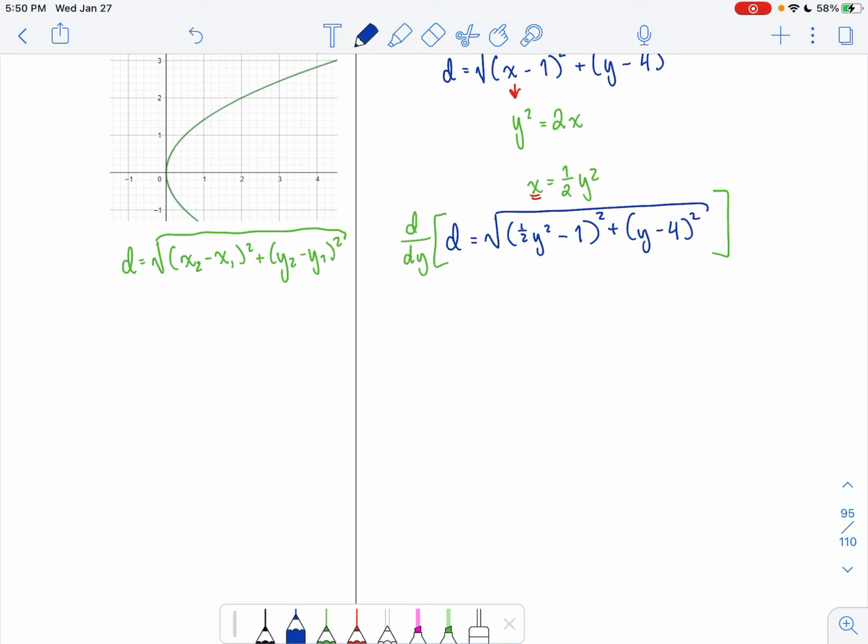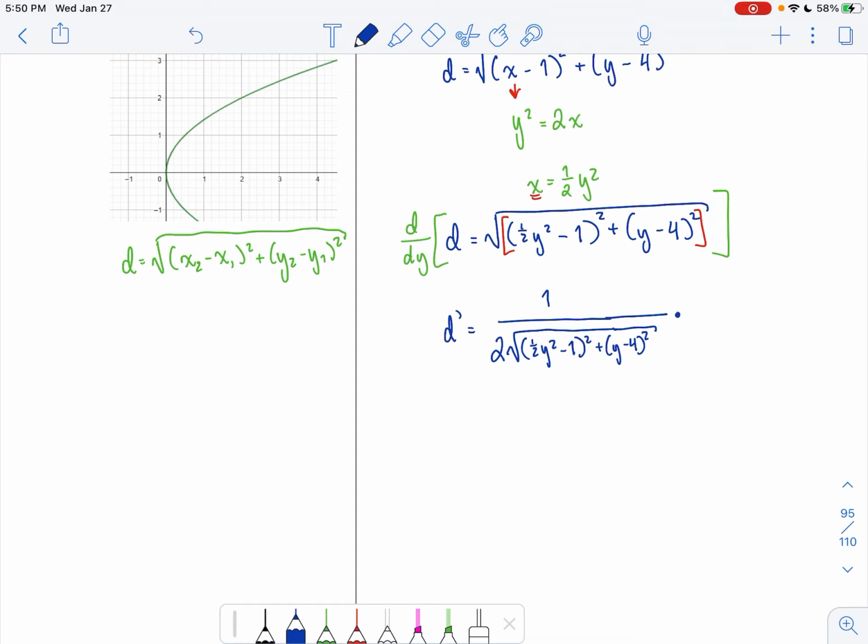To be sneaky, I remember this is the chain rule: the whole function is inside of the root. Hopefully by this point you are familiar that the derivative of a root is 1 over the square root of whatever that is, so in this case 1/2 y squared minus 1, squared, plus y minus 4, squared.